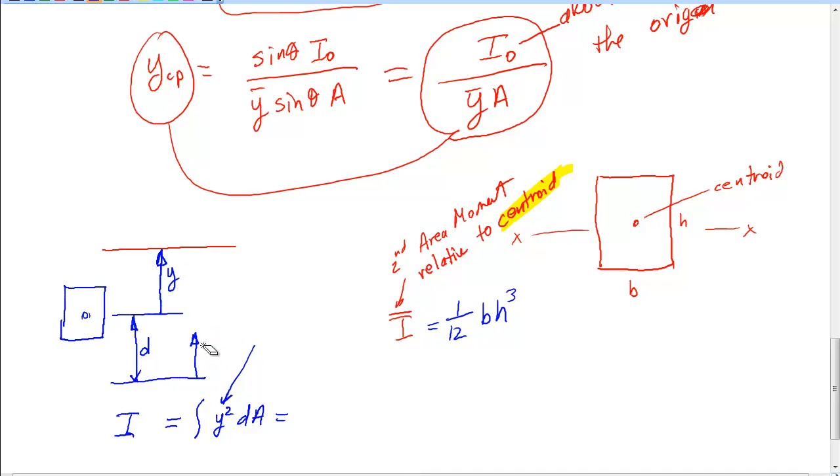Y. Y tilde. Now suddenly I can tell you how these relate to each other. I can tell you that d plus y looks like to me it equals y tilde. So now let's make use of that.